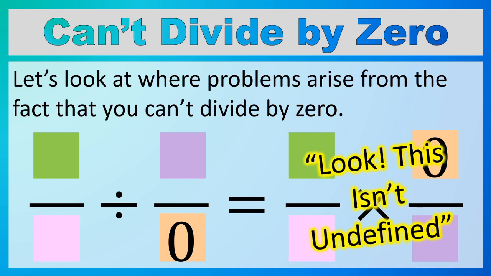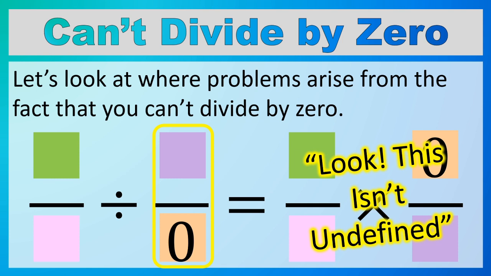So we could say on the right hand side, look, this is defined, and we may be tempted by the idea of keep, change, and flip to think the left hand side isn't undefined either. Well, let's look at it. But here we have a denominator of 0, and as I explained in a previous set of videos about why the fraction bar means divide, we are really dividing by 0 here.